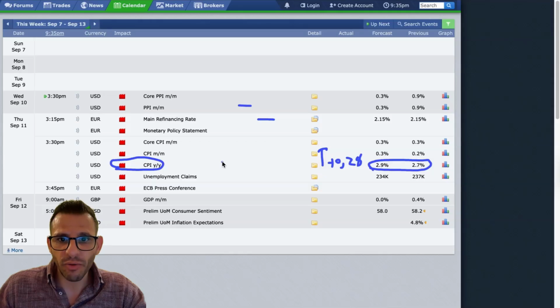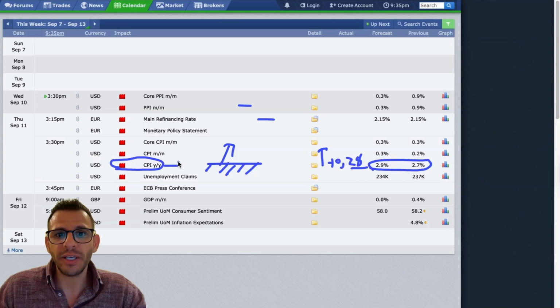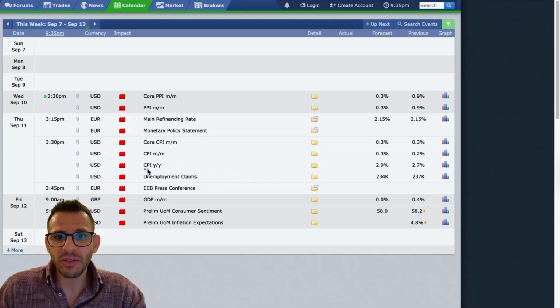Because if the euro gets strengthened and breaks outside the 4-hour consolidation, a positive CPI can cause a retracement on the euro US dollar. On the other hand, if the US dollar won't follow through any positive event here, and prior to this event the euro breaks outside of that 4-hour consolidation and starts a new uptrend, we might see a further push to the upside.